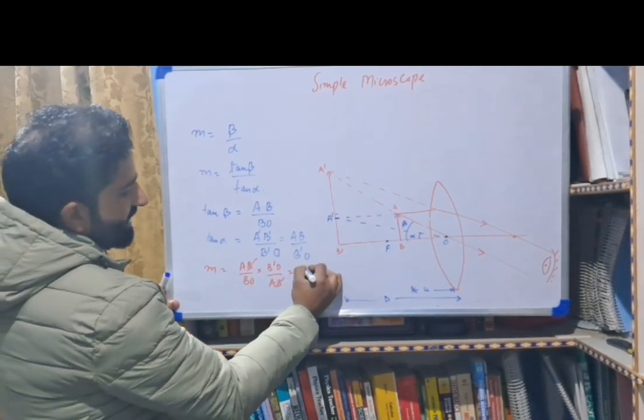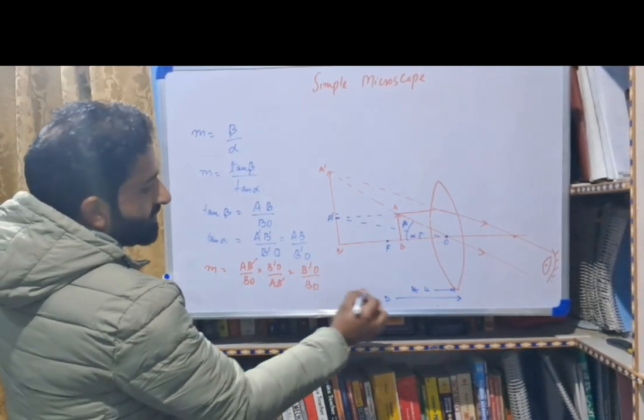Here AB goes, that is B dash O divided by BO.